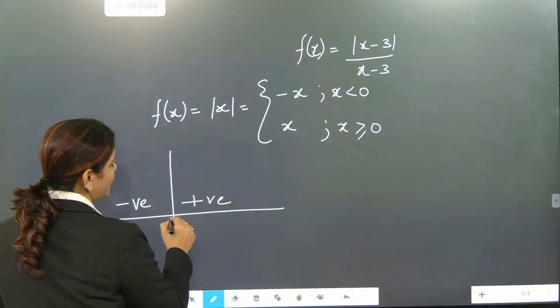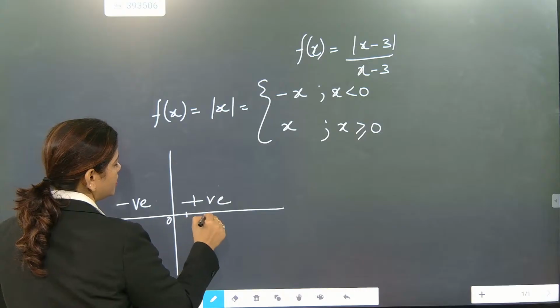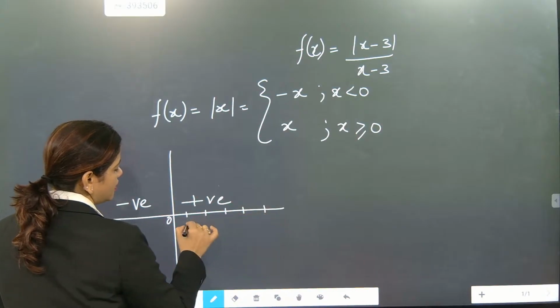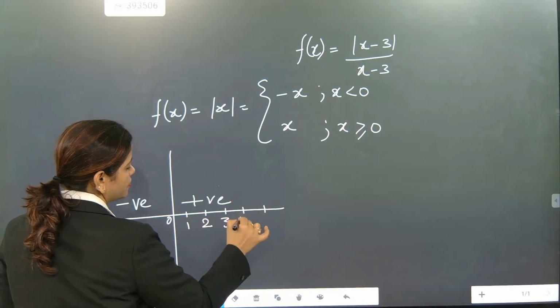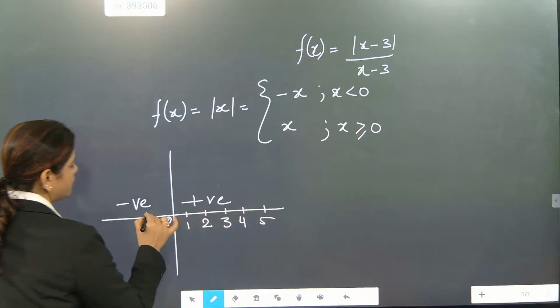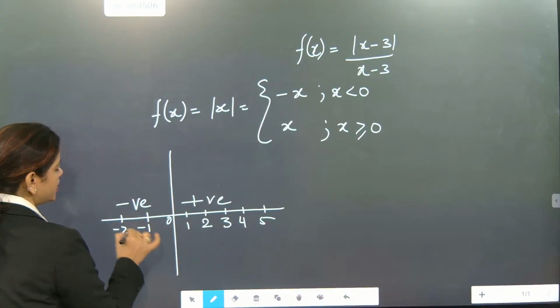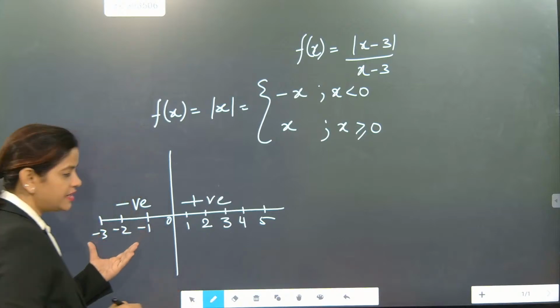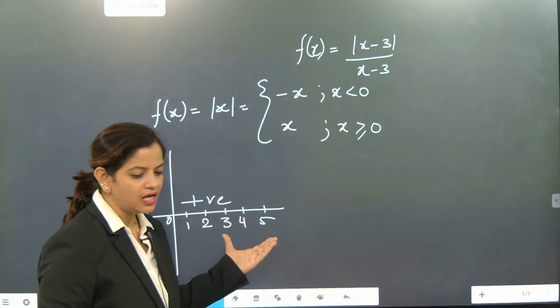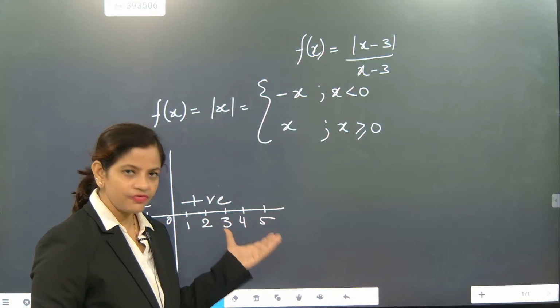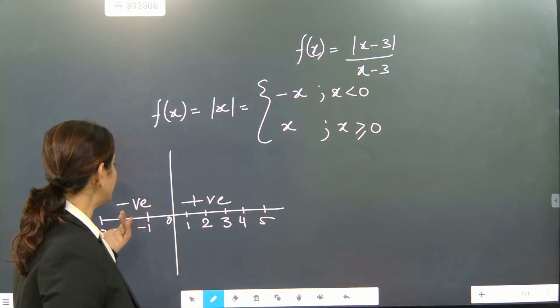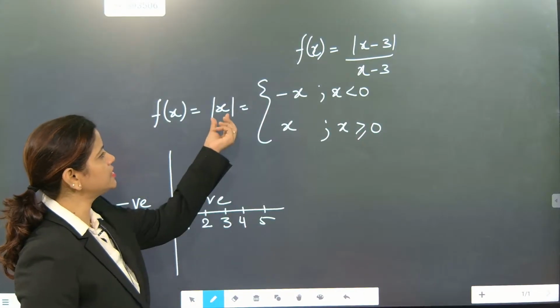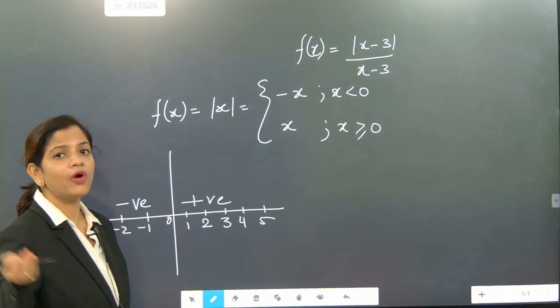This is the positive value of x in the number line: 1, 2, 3, 4, 5. And this side, the negative values of x. So these are negative values of x and these are positive values of x. Understood? So if you put negative and positive values of x in modulus, what will happen?